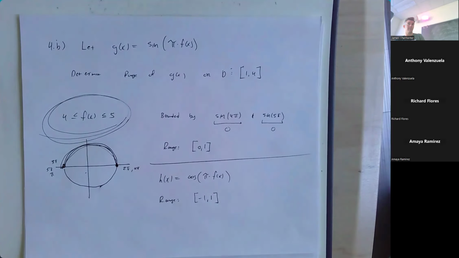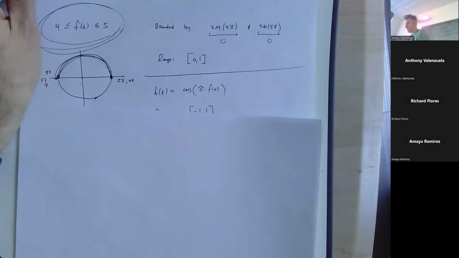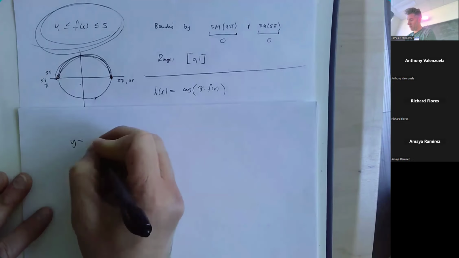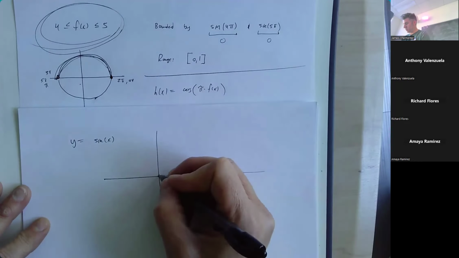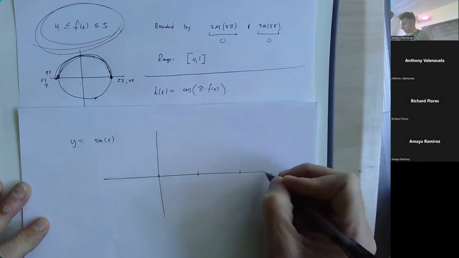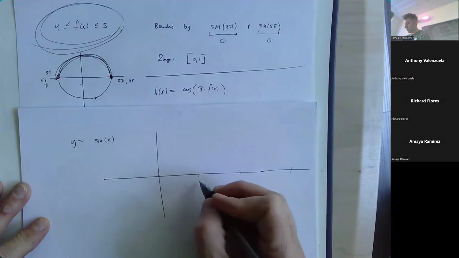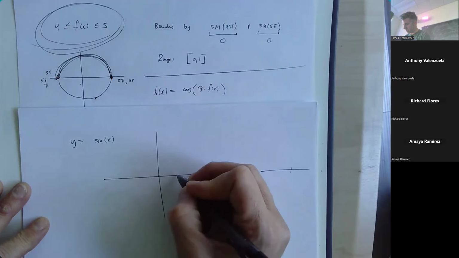Can you explain again why the range is 0? Sure. Another way to think about this is if you graph the sine function, it's the usual kind of deal. From 0 to 2 pi, it does this.